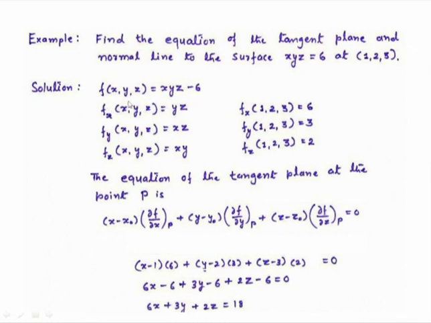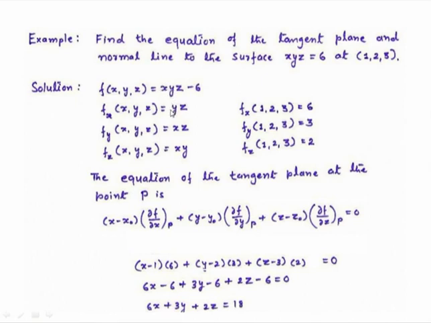Now differentiating the given function with respect to x, f_x at the point (x, y, z) is yz, because yz is constant and partial differentiation of x with respect to x is 1.